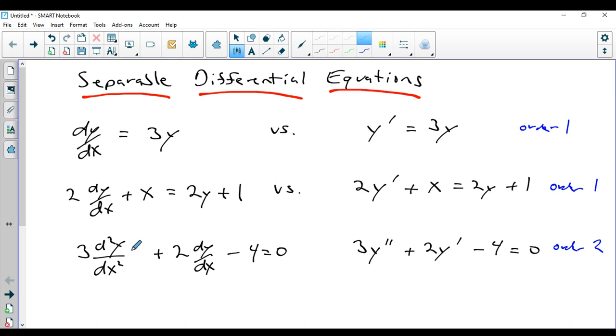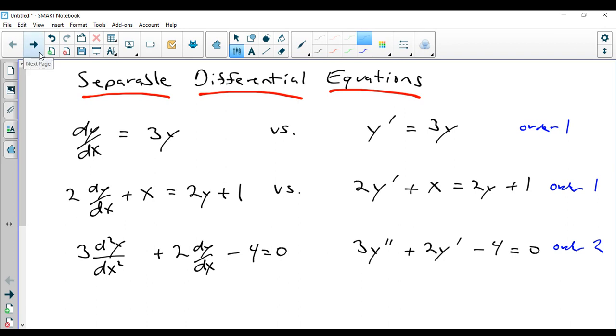I'll give you 30 seconds. Go. All right, time's up. Basically, it's the highest derivative that the equation contains. If an equation has a second derivative in it, and that's the highest derivative, we call that an order 2 differential equation. If an equation has just the first derivative, and that's the highest one in it, we call that an order 1. So nothing too crazy there.